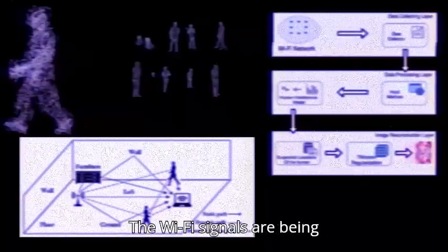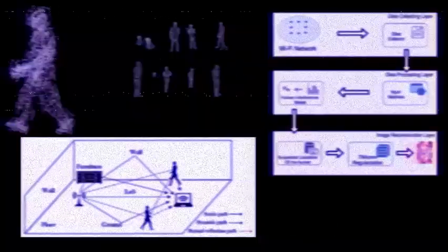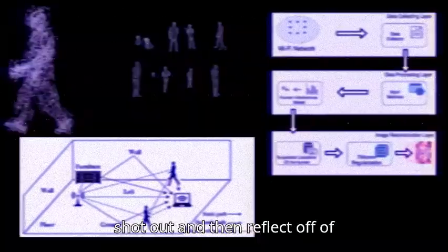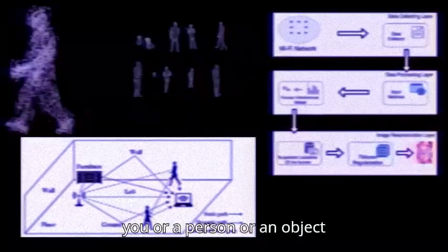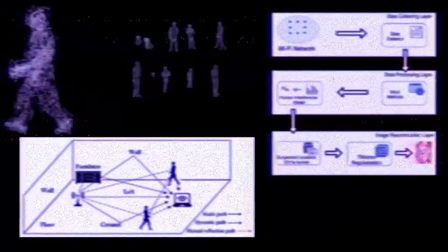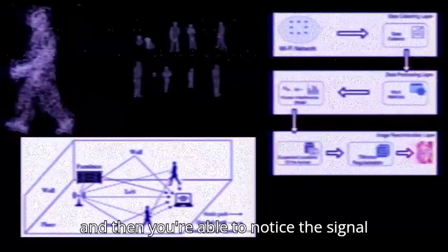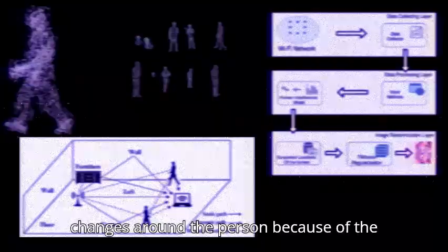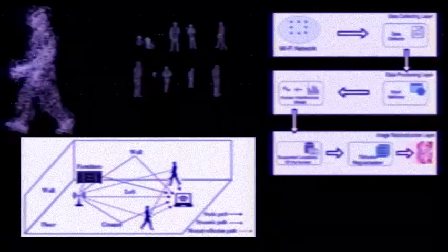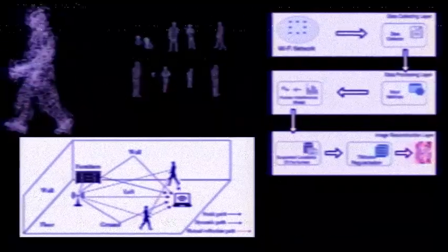The Wi-Fi signals are being shot out and then reflect off of you or a person or an object, and then you're able to notice the signal changes around the person because of the way it's reflecting off of you.